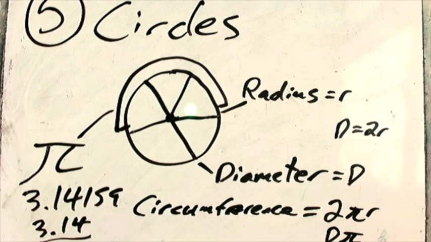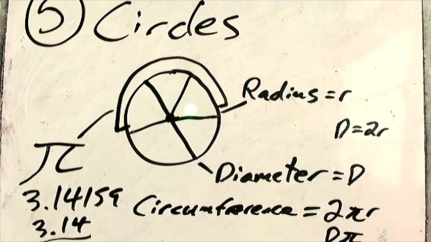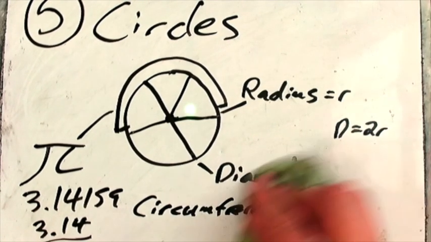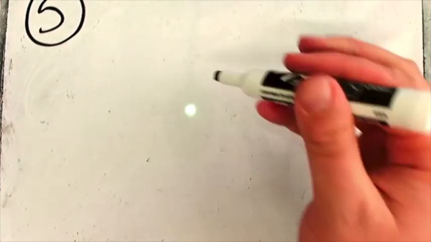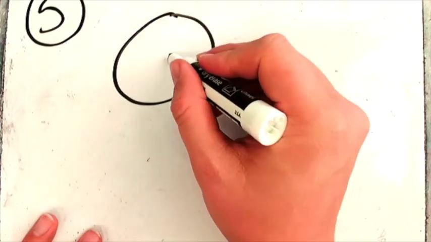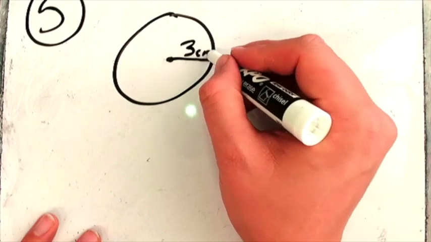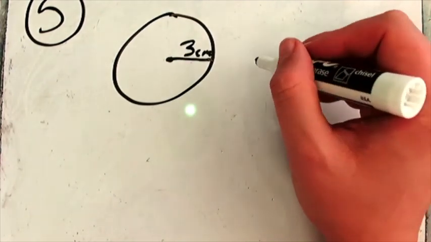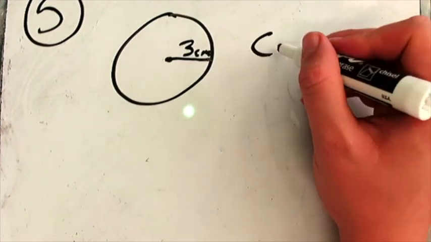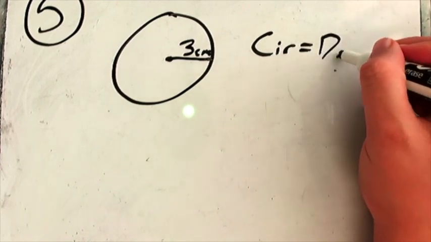So let's do an example here. This is the theory with pi, with radius, with diameter. Circumference, we're also going to do area, but let's do that in a moment. So questions are going to be like, if I've got a circle and I've got a radius of 3 centimeters, imagine this is a perfect circle, then the circumference, which I'm just going to say is equal to d pi.